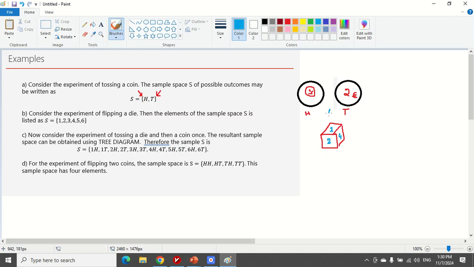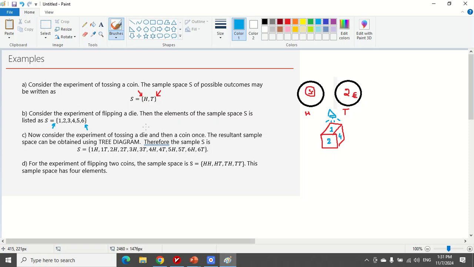The side that you can look at, if I consider the eye over here, shows a number. It can be 1 up to 6. So the set that contains all possible outcomes is the numbers 1 up to 6. These are the possible outcomes.